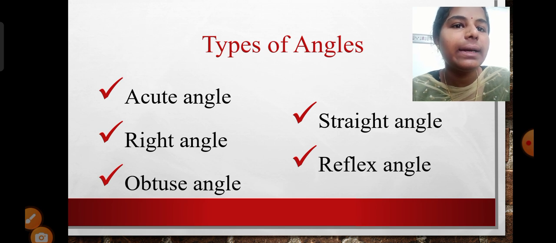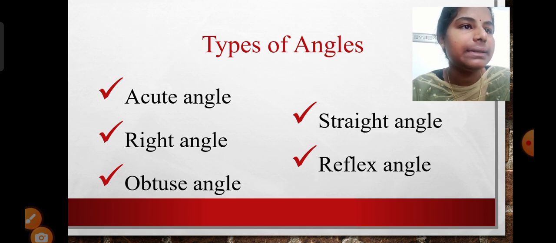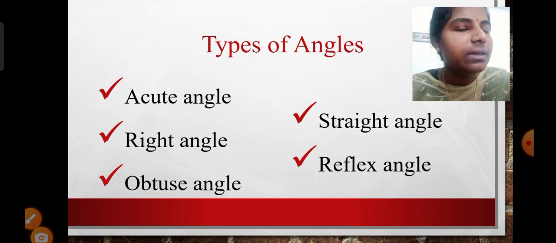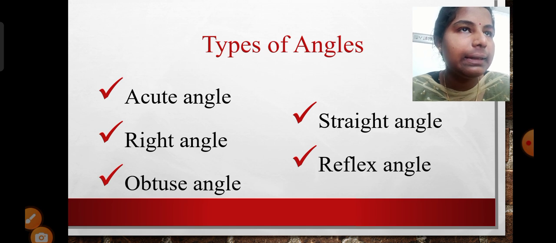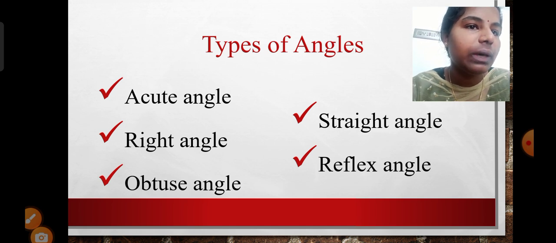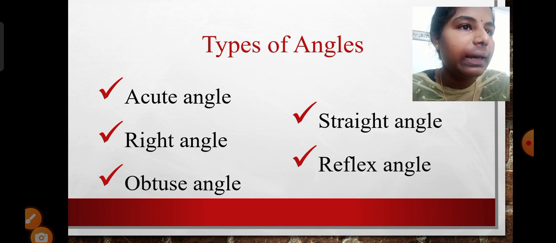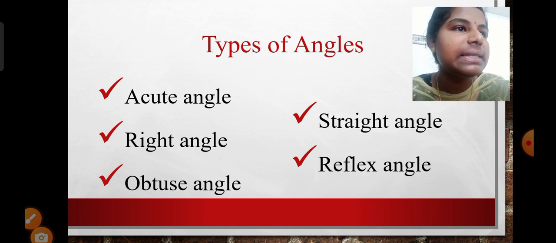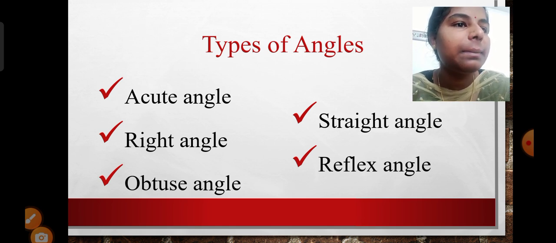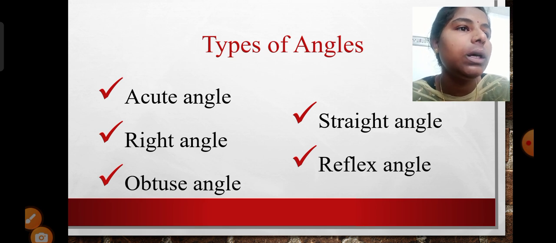Acute angle, right angle, obtuse angle, straight angle, reflex angle. Then there is one more angle, that is the complete angle. One full rotation is called a complete angle.